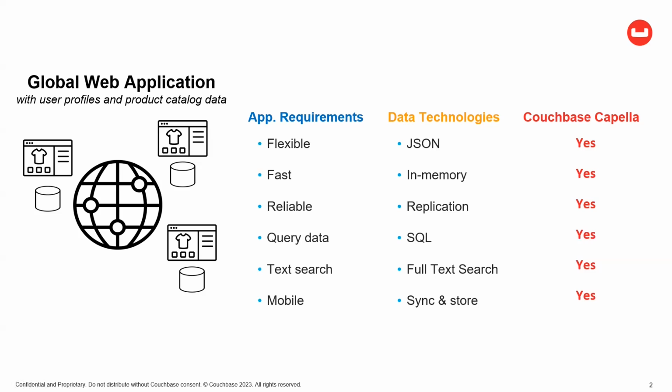It's already part of Capella. And finally, in terms of mobile, Capella has a mobile solution, again, built into the platform that manages the synchronization of data, data conflicts, storage with our embedded database into tablets and smartphones. It's all part of Capella.